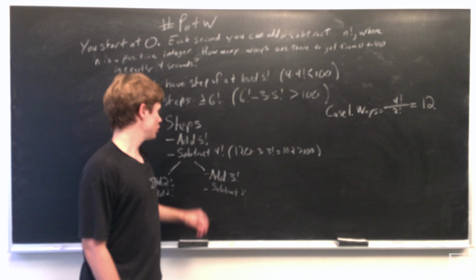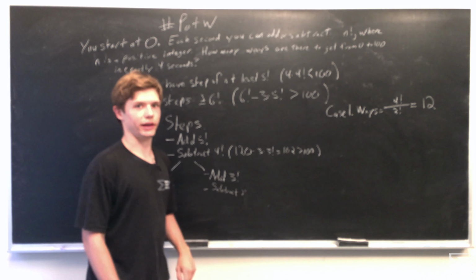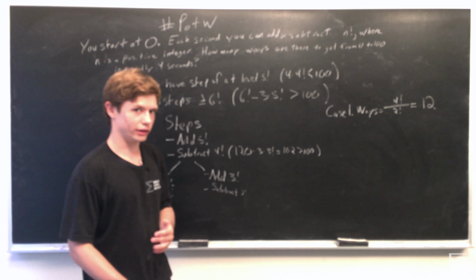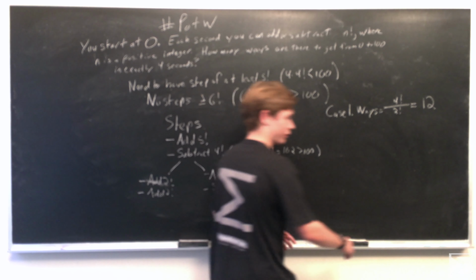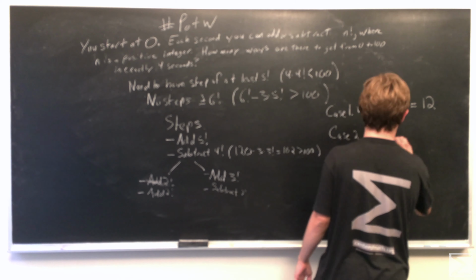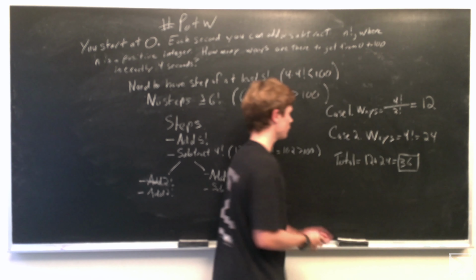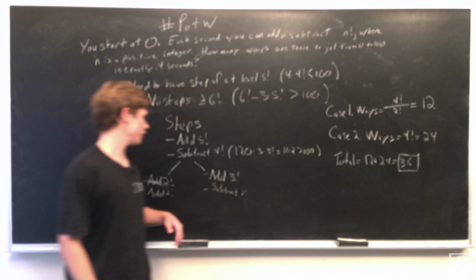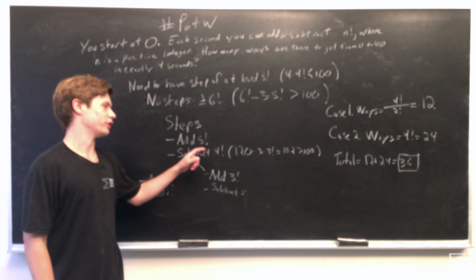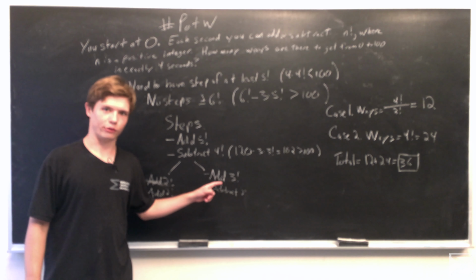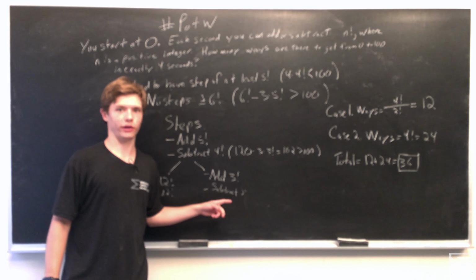And now for case 2, we'll look at these 4 steps and use the same sort of method. So we have 4 unique steps: adding 5 factorial, subtracting 4 factorial, adding 3 factorial, and subtracting 2 factorial.